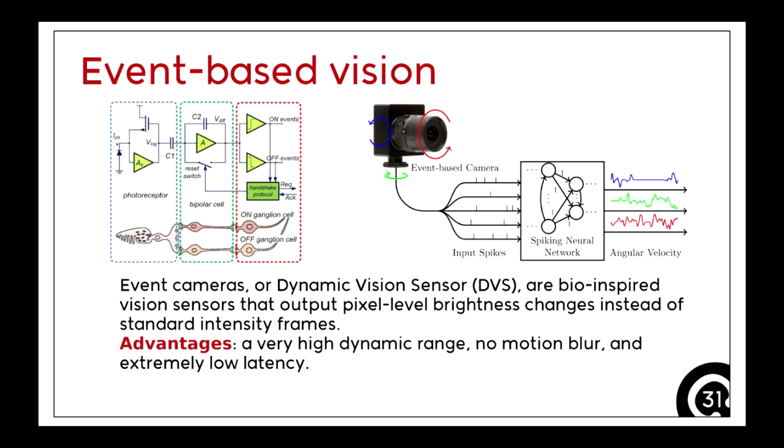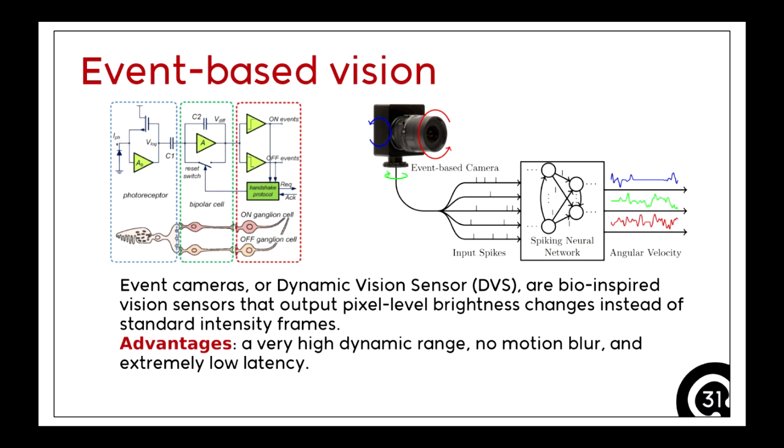Also, spiking neural networks are essentially a very good fit for event-based cameras. Event-based cameras are a different kind of visual sensor from what we mostly meet in our lives. They work with events, when the intensity of the signal in some particular pixels changes rapidly. It can be on events when we detect some increase in the signal, or it can be off events as well.